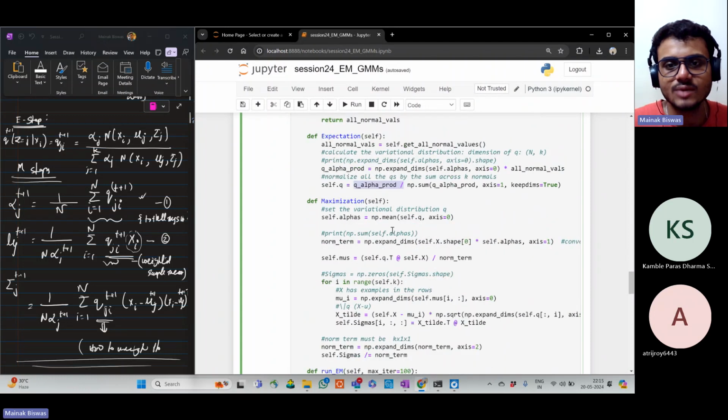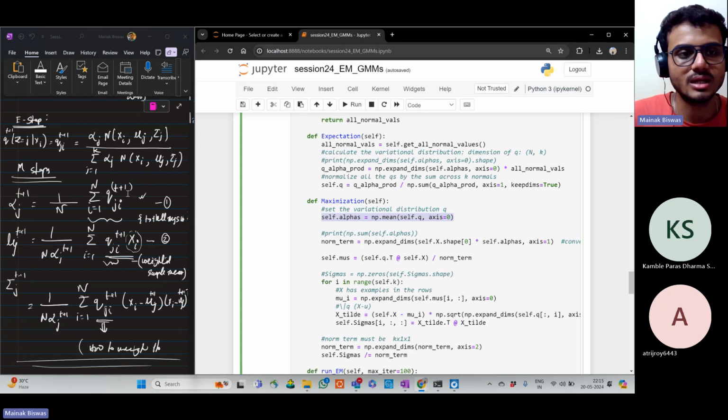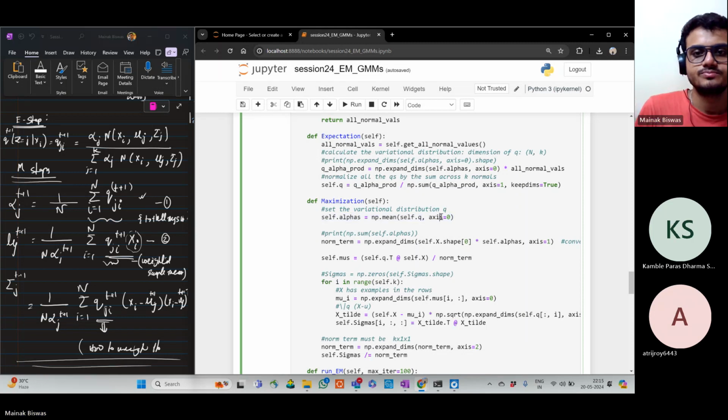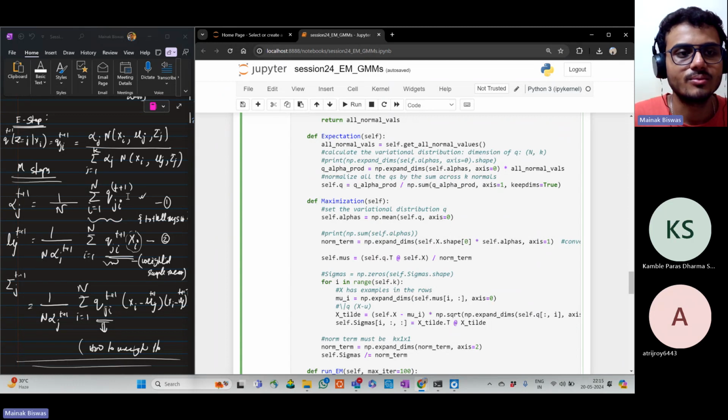In the maximization step, what do I do? In self.alphas, I take the mean, right? This is nothing but the mean across all the data points of the Qs, self.q.